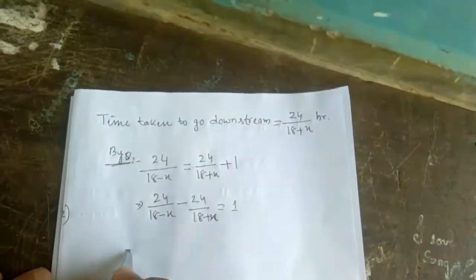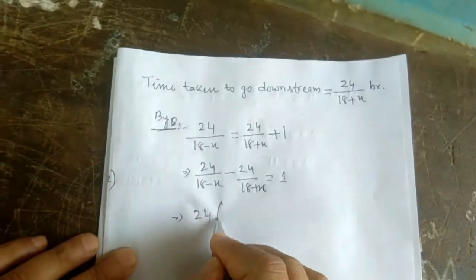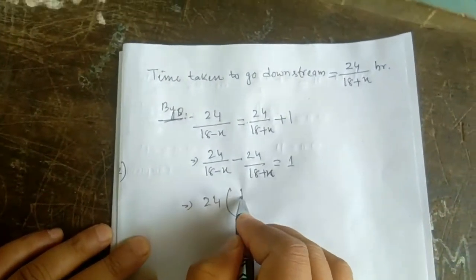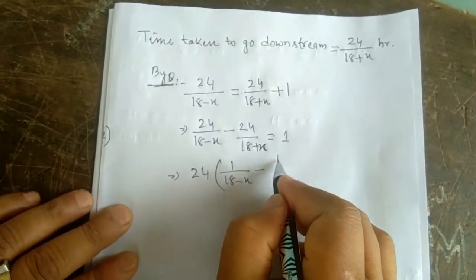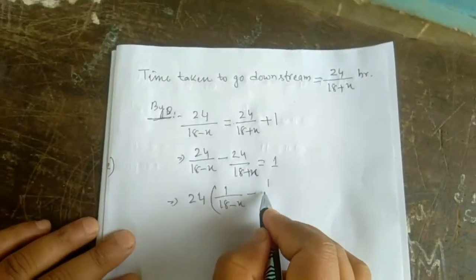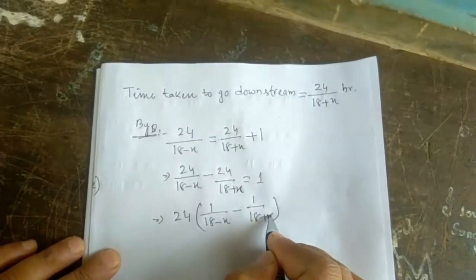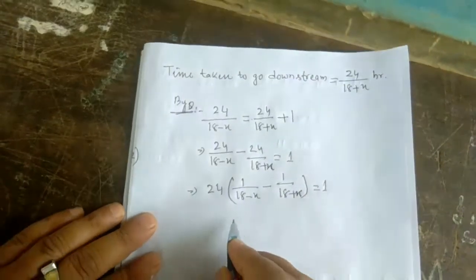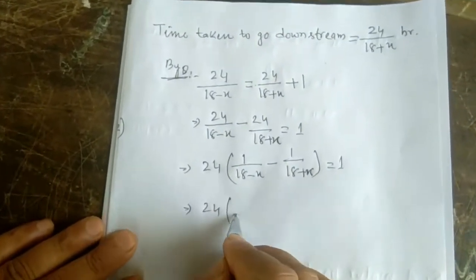First take 24 common. If you take 24 common, in the numerator 1 will remain: 1 by 18 minus x, minus sign, 1 by 18 plus x, equal to 1. Now we take the LCM.